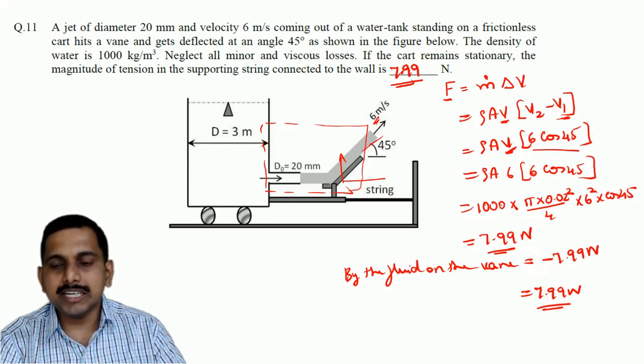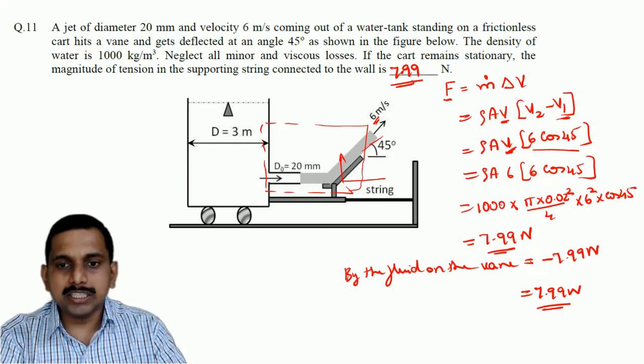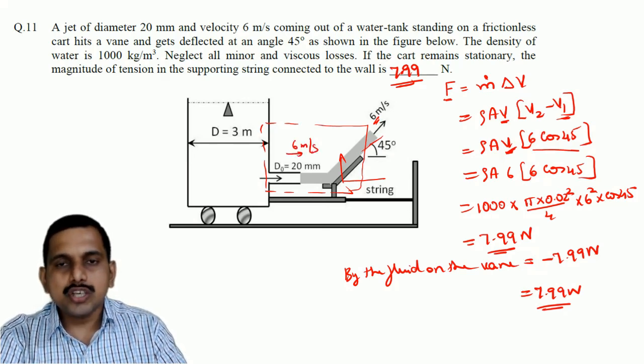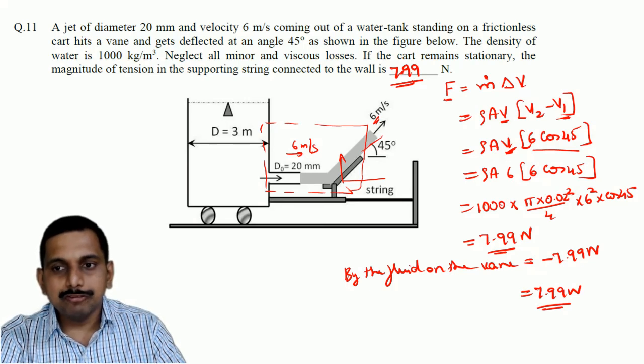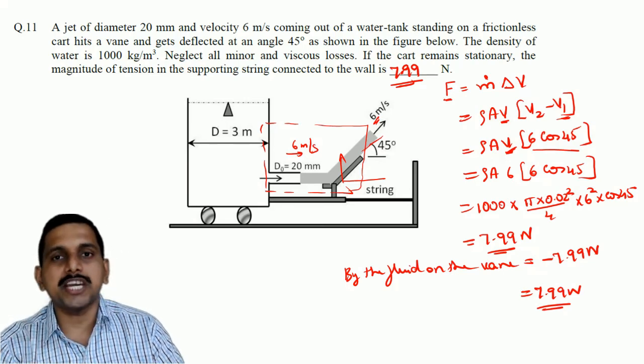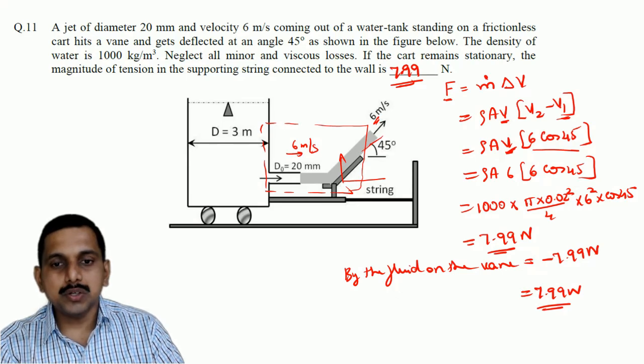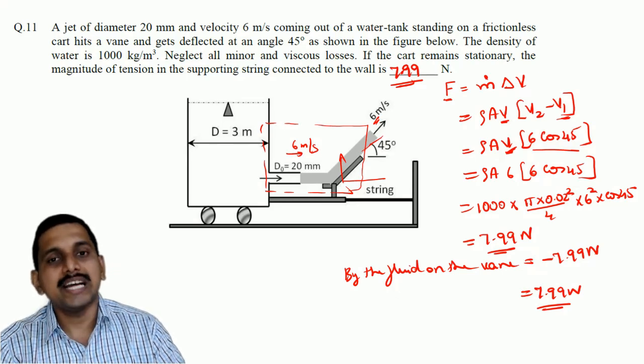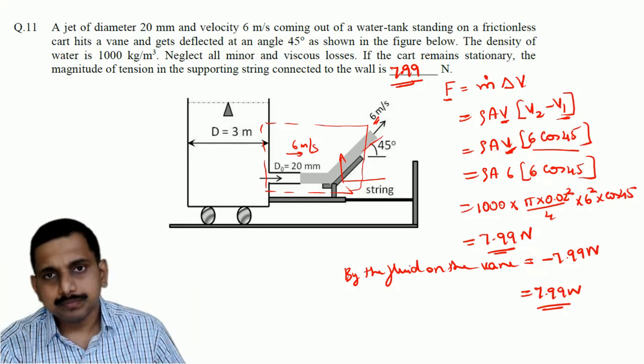But what v did I take? This is moving with 6 meters per second. I did not take 0 here. I took 6 meters per second only, because the water is coming in like this from here. That is the amount of mass which is hitting it.